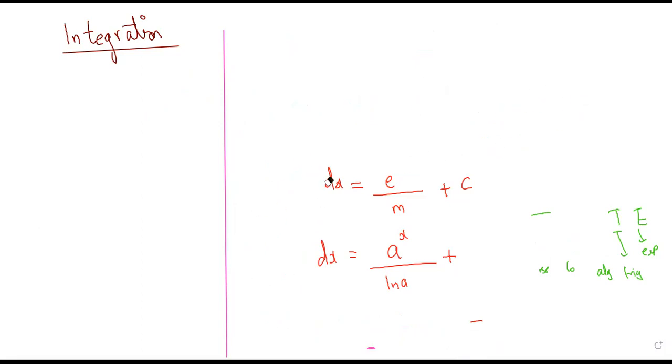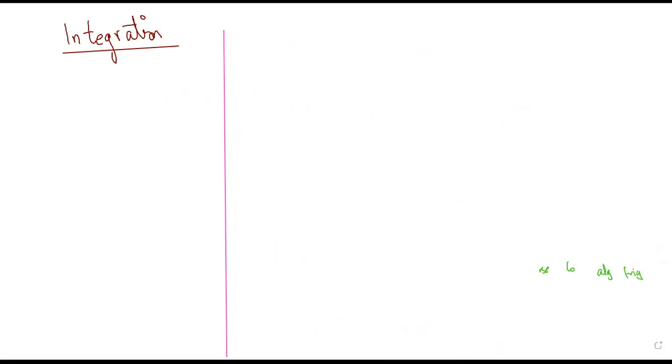Maybe we do the integration of the product of variables in P4. Yeah, P4 has integration of a higher level. But I am teaching P3 as well, so we use integration by parts.